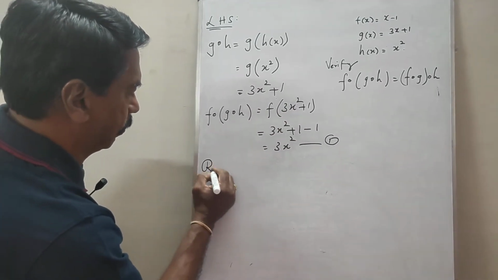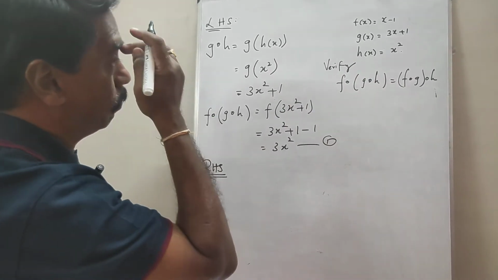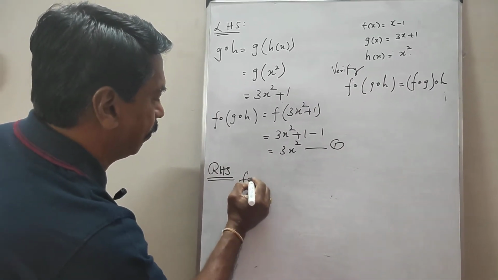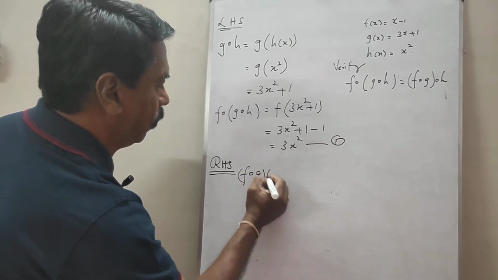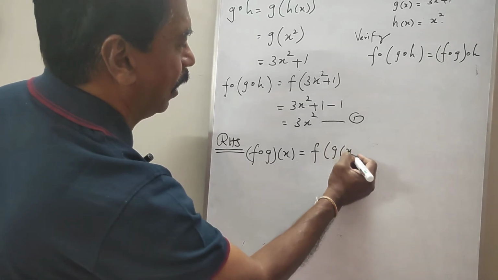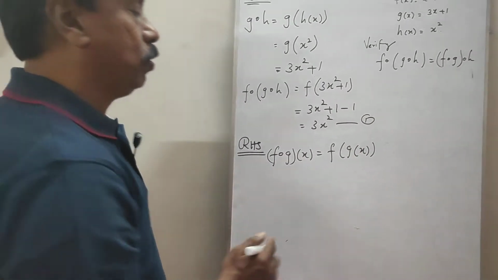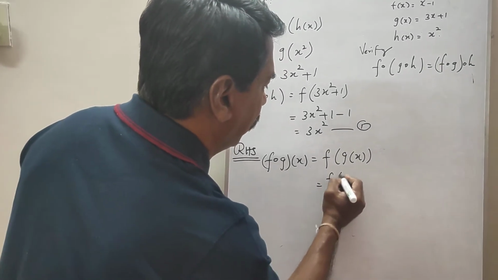Now we will go to RHS. What is inside the bracket in RHS? That is f∘g. We have to find f∘g of x. First step, we can write it as f of g of x. As I said here, the right hand side is to be substituted. Now what is g of x?